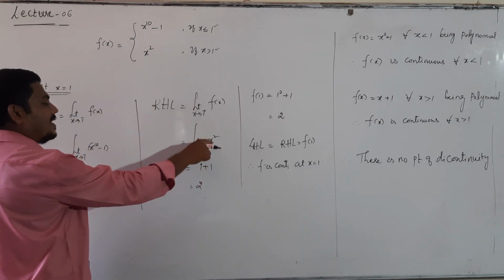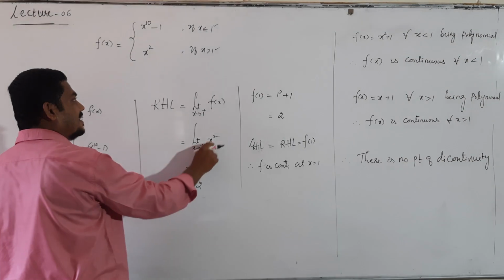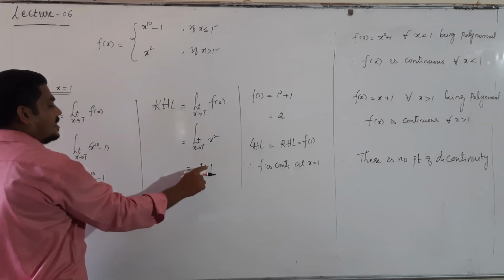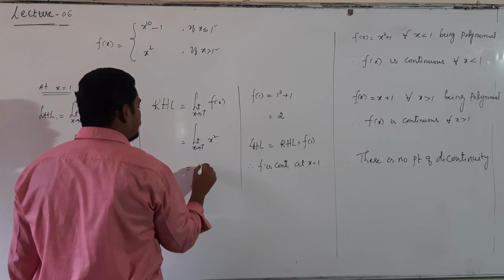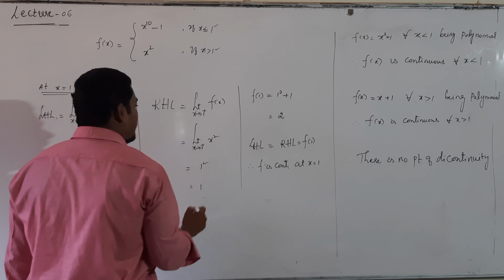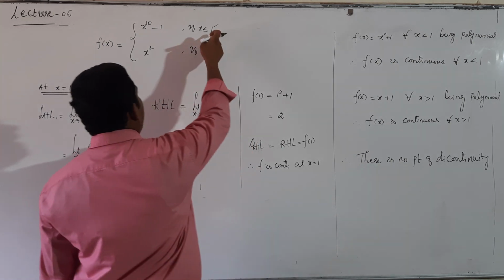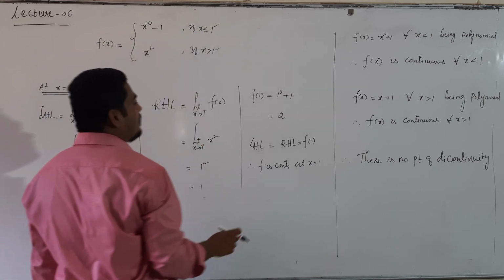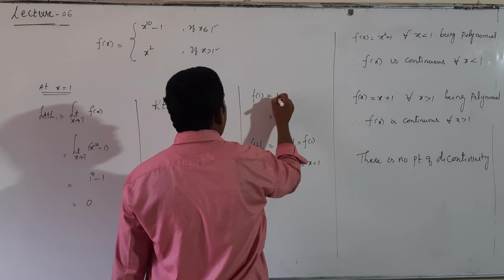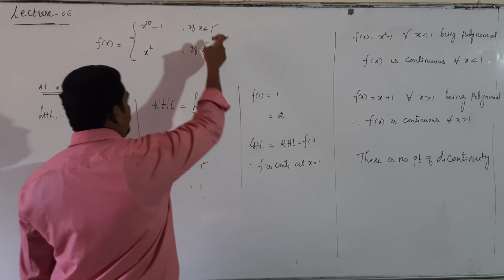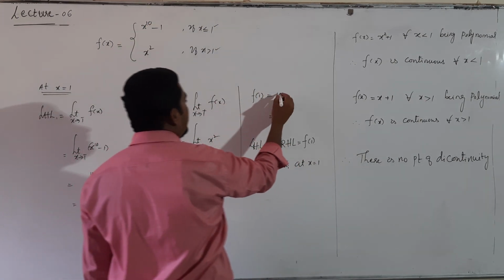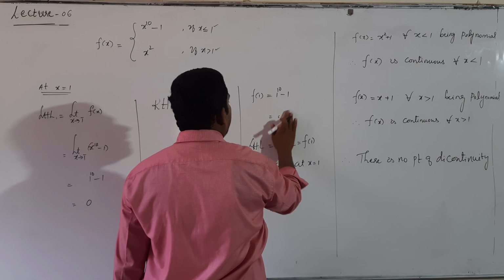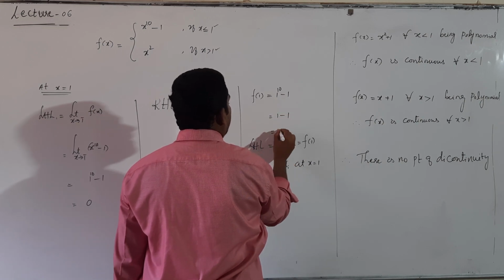Right hand limit at 1, f of x is x square when x is more than 1, then 1 square, it will be 1. Then what is the functional value? When x is exactly 1, function is x power 10 minus 1, so 1 power 10 minus 1, it will be 1 minus 1, 0.